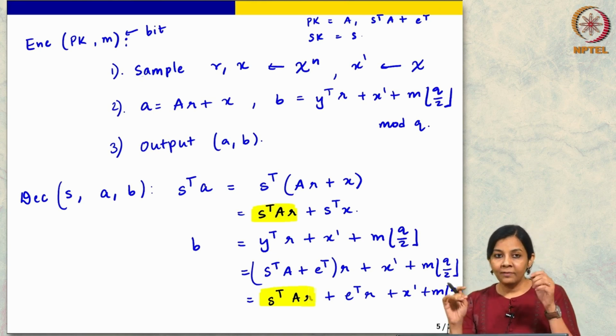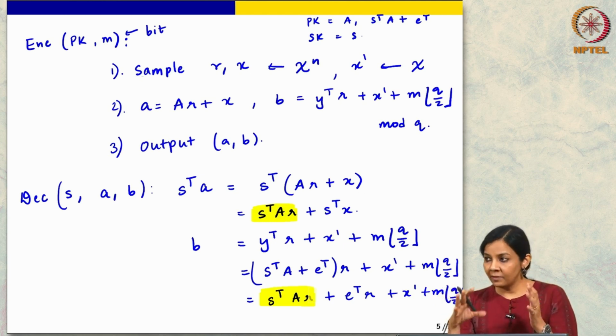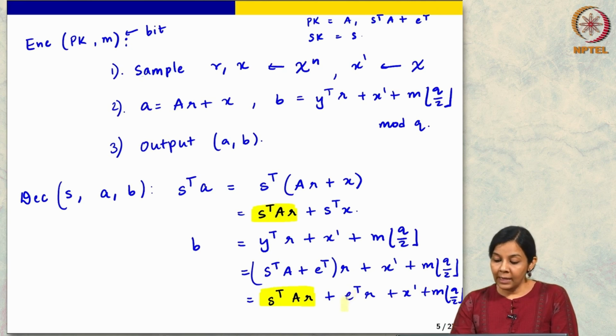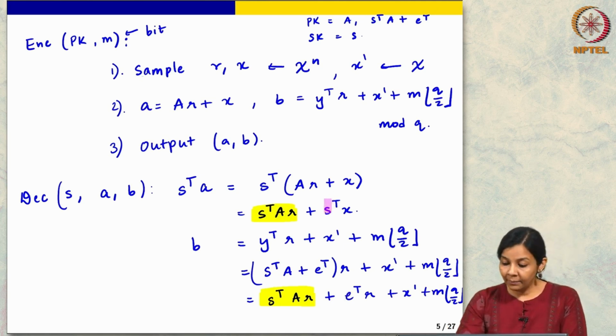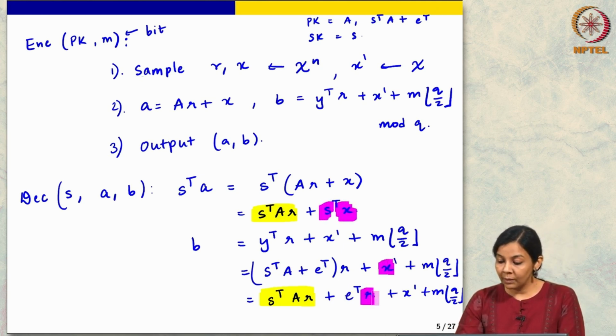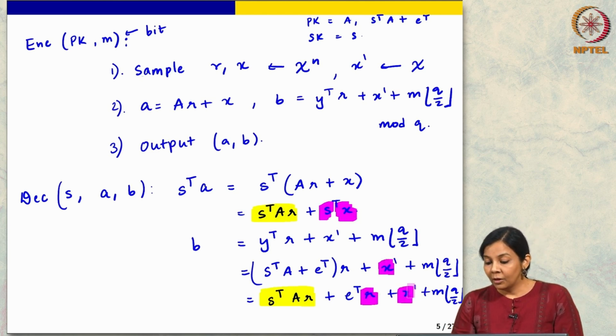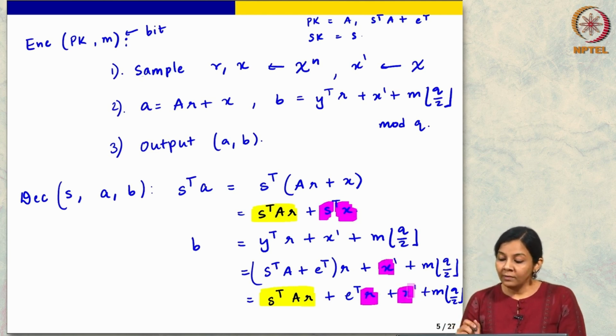S is binary, X is also binary, E is also binary, R is also binary, X prime is also binary. Let me highlight the error distribution things with pink.